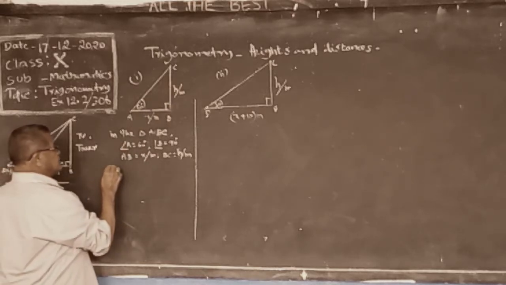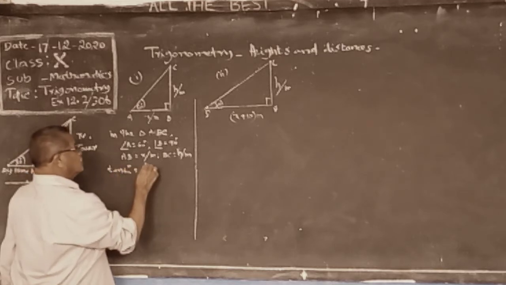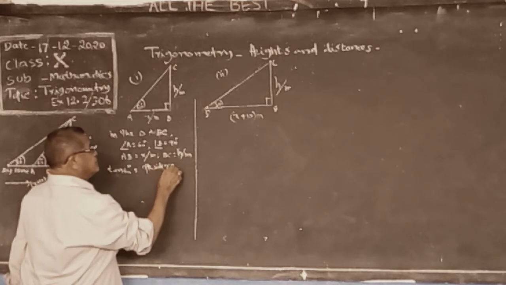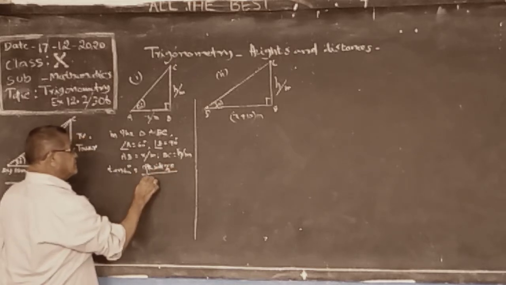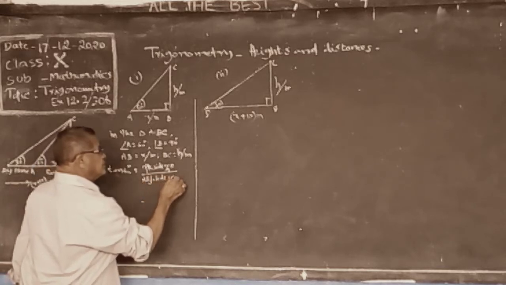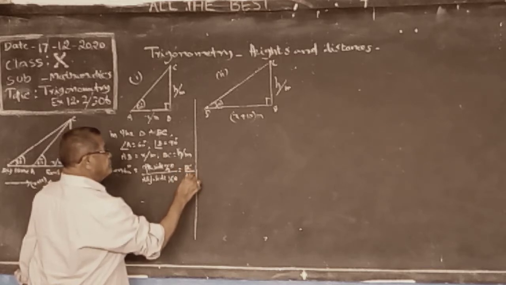Now we have the relation between these two sides. The trigonometrical ratio is tan 60 degrees equals opposite side of theta by adjacent side of theta, that is BC by AB.